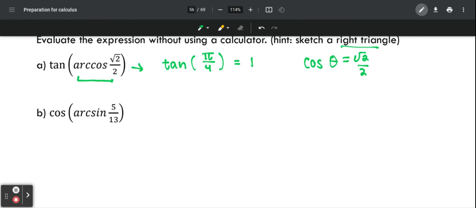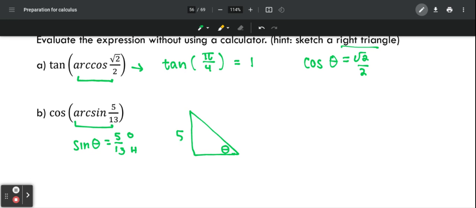For the second one here, this is saying the sine of some angle measure is 5/13. That's what this middle inside part says. We don't know that, so this is where you would draw a right triangle. Remember, sine is opposite over hypotenuse.